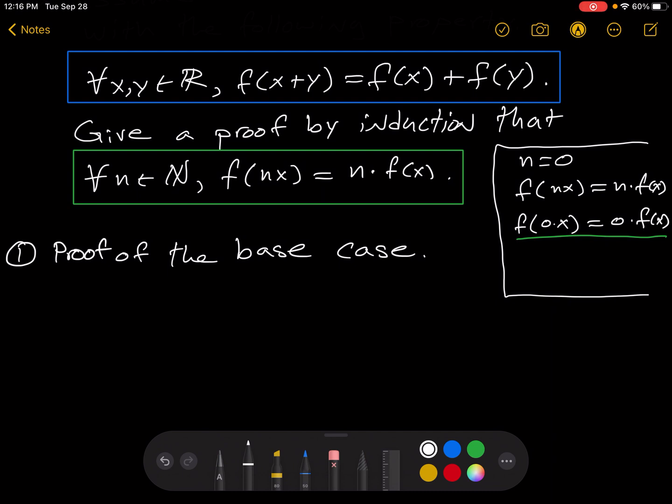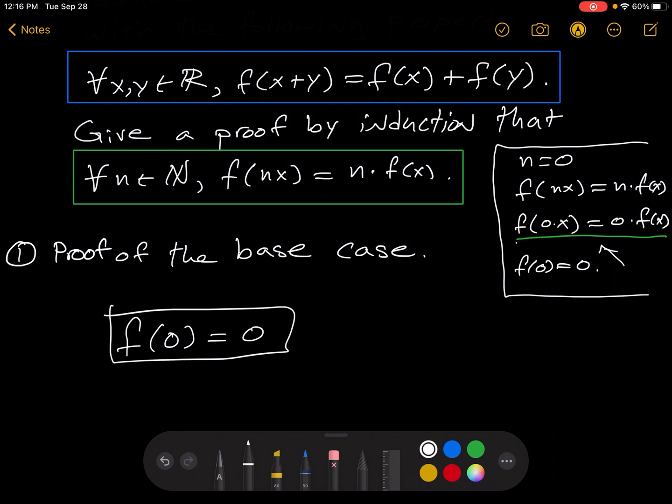So in the proof of the base case, first we're going to prove that f of 0 equals 0. Once we know that f of 0 equals 0, then this follows from that. Let's assume that I've already proved that f of 0 equals 0. If I know this is true, how can I use that?